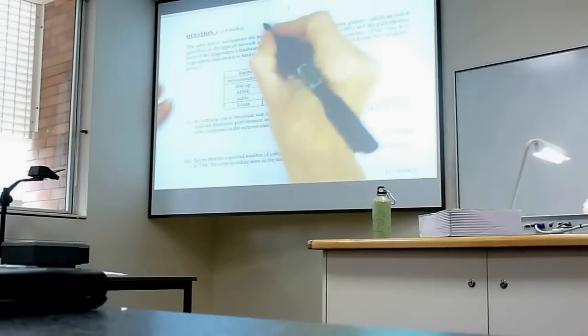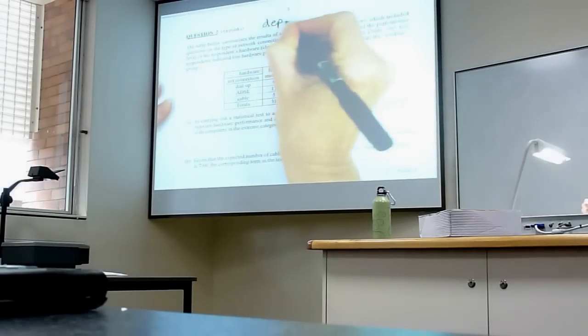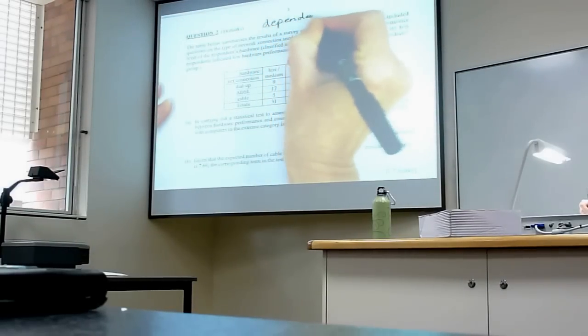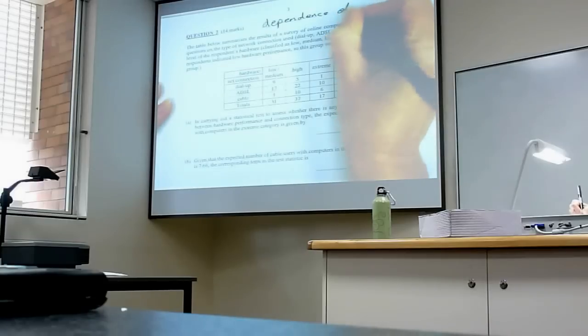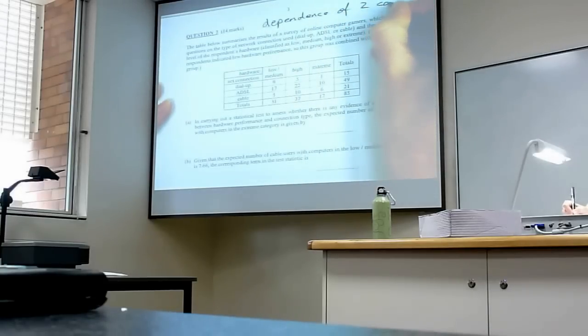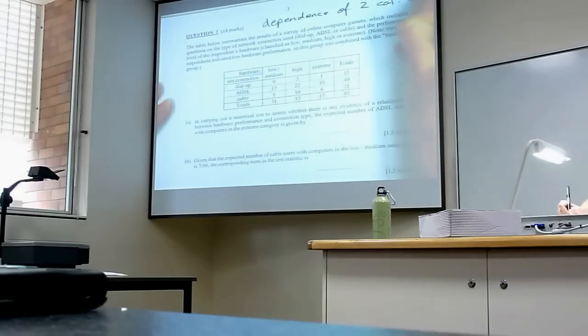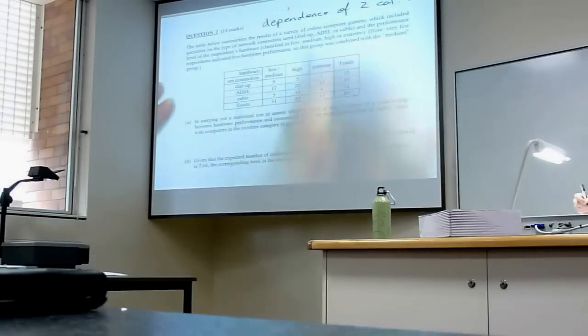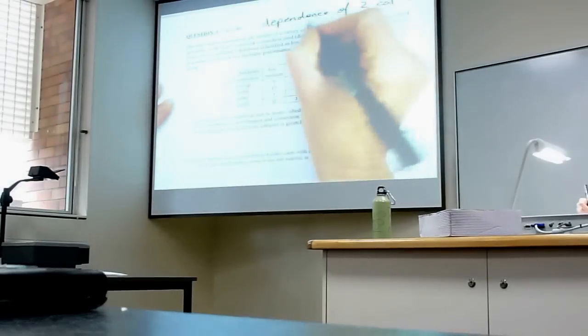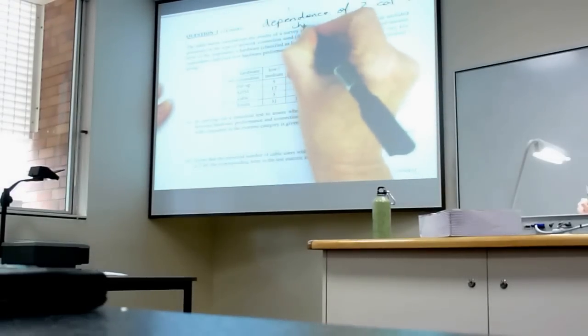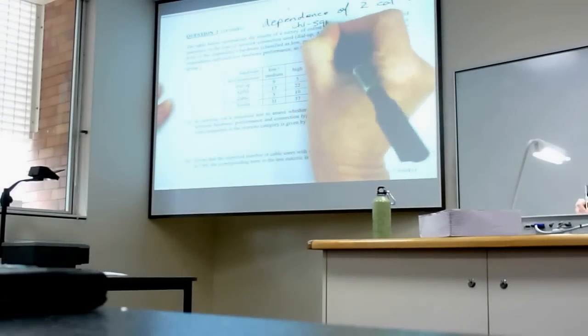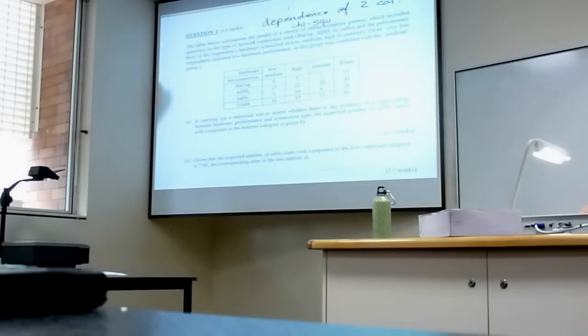So it's dependence of 2 categorical variables. And as Ethan said, that's chi-squared tests usually. That's the type of stuff that we've got hidden away in there.